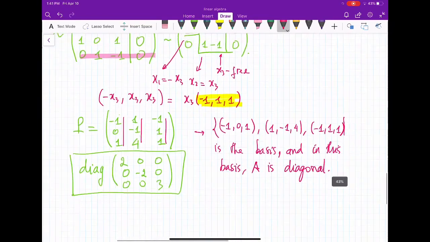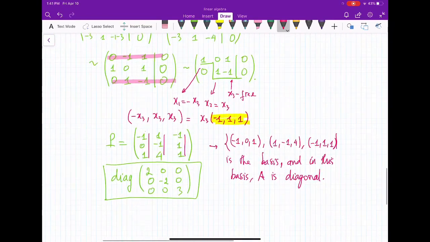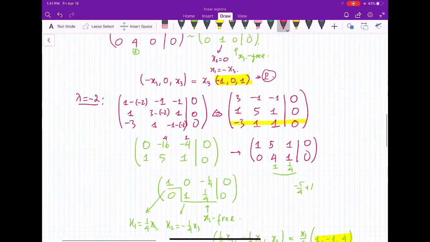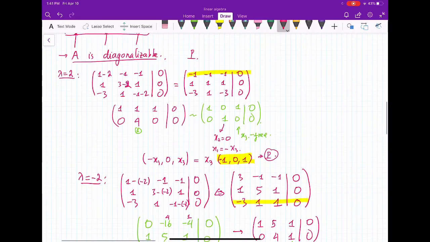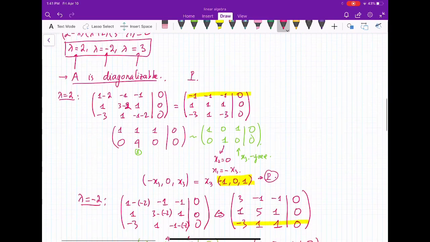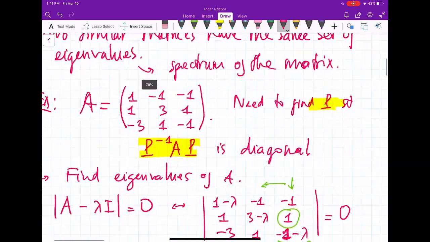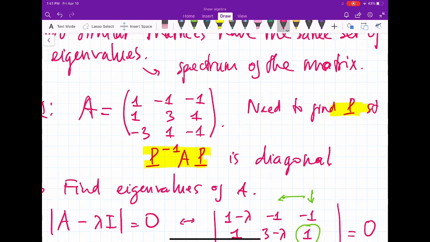So what does it mean? That means if you consider the matrix A and the corresponding linear transformation, let's say this is your A, right? Where's your A? Your A is right here. Okay. And you consider some map T_A, such that T_A(X) equal to AX.